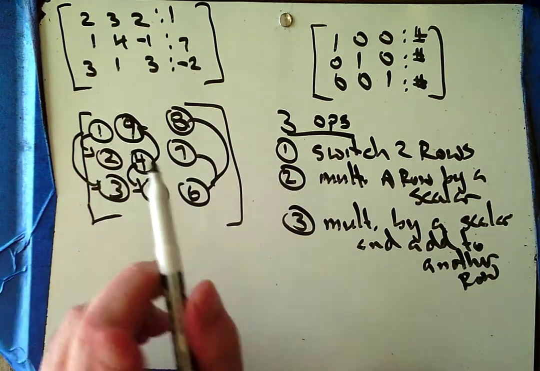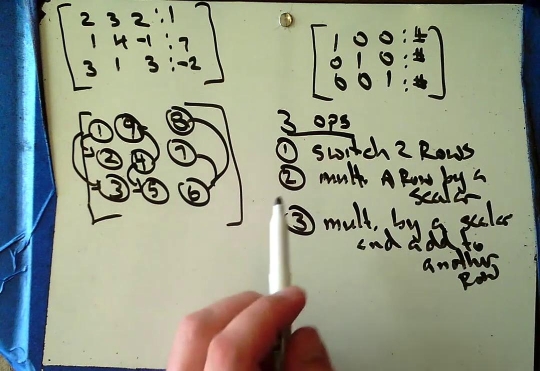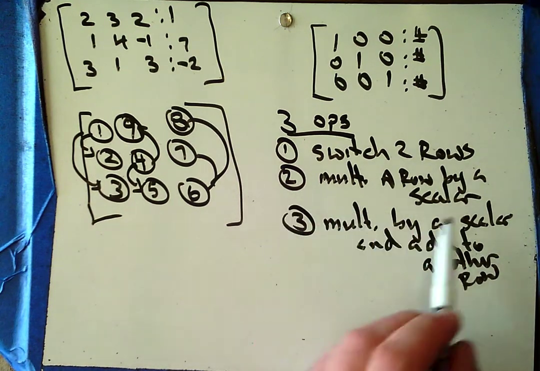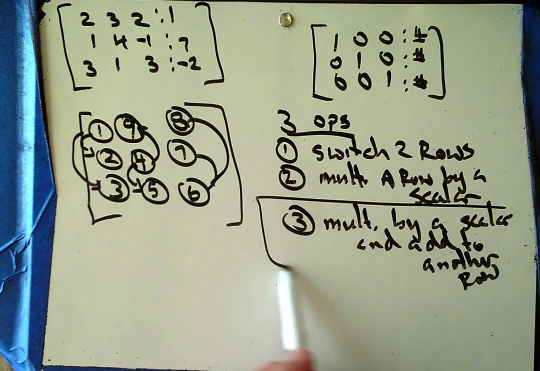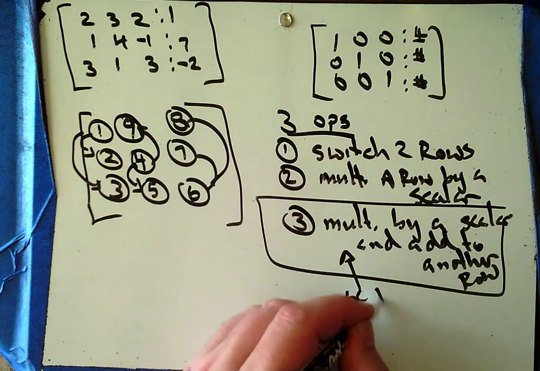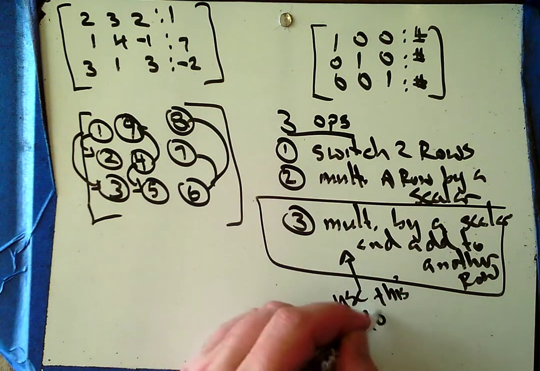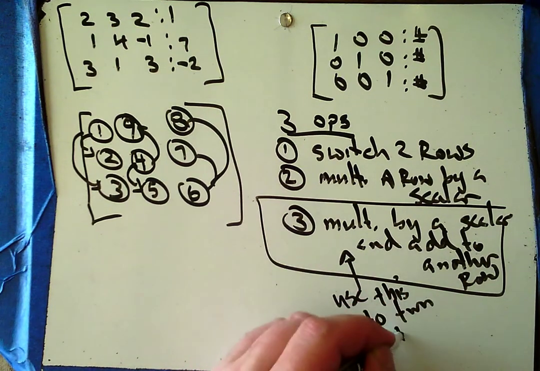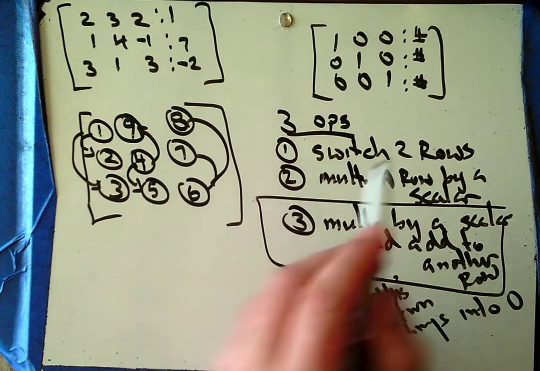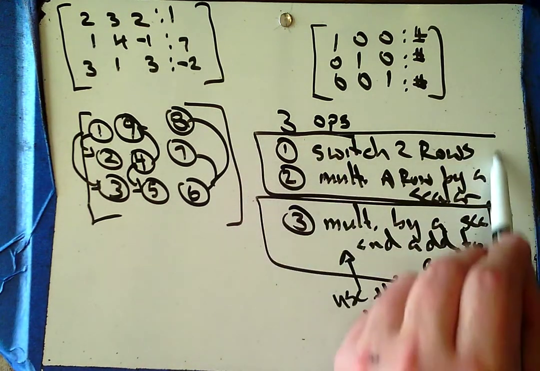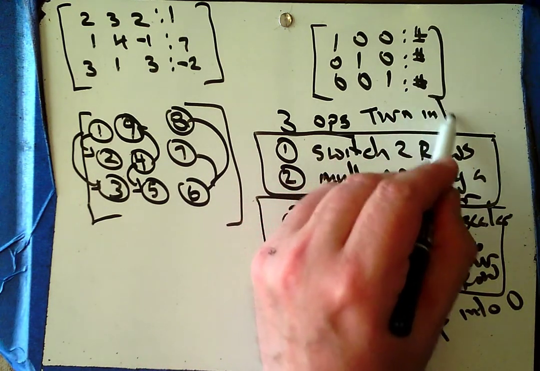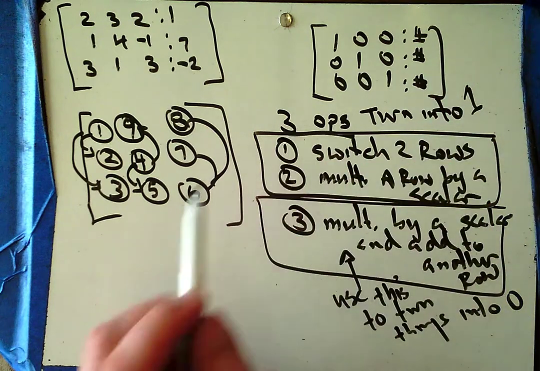9 steps. Now, I want to say that when I want to turn something into a 0, I can do this. Use this to turn things into 0, and I use these when I want to turn into 1.